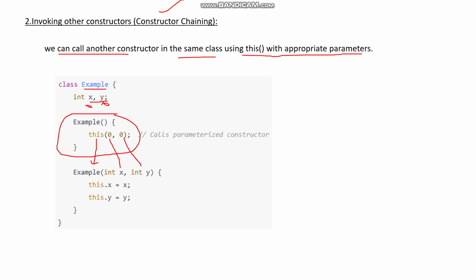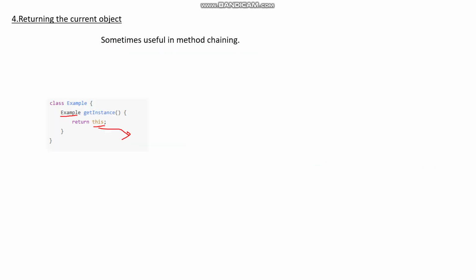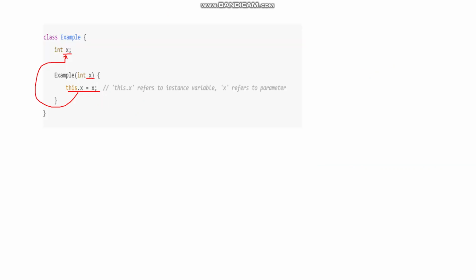Next, to pass the current object as a parameter. Finally, to return the current object. These are the four uses of the this keyword.